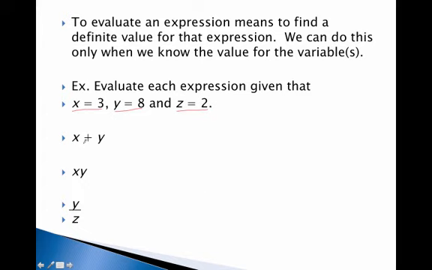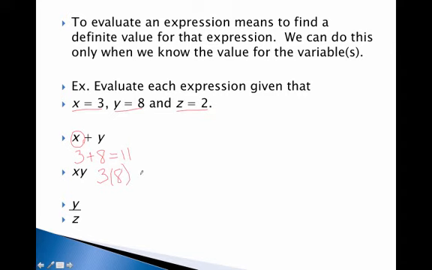Well, every time I have an x, I know that's really equal to 3. And every time I have a y, I know that's really equal to 8. And my operation was to add, so 3 plus 8, of course, equals 11. Here, those variables are next to each other, which implies multiplication. So I've got that 3, remember, and my y of an 8.